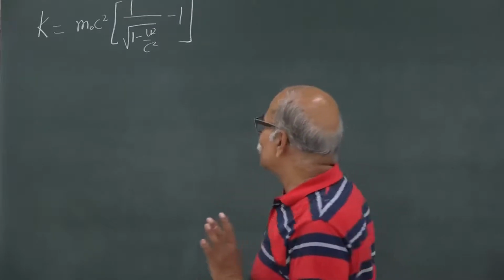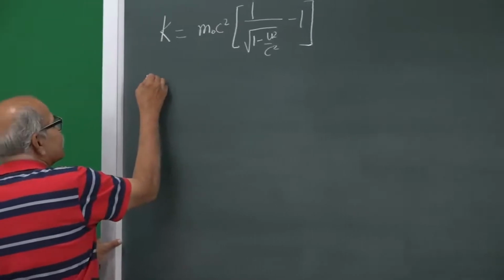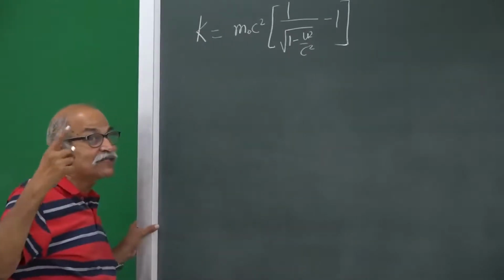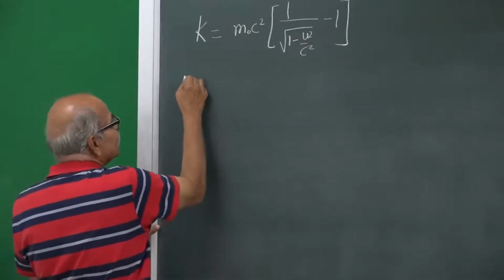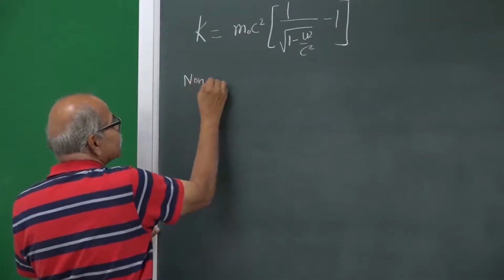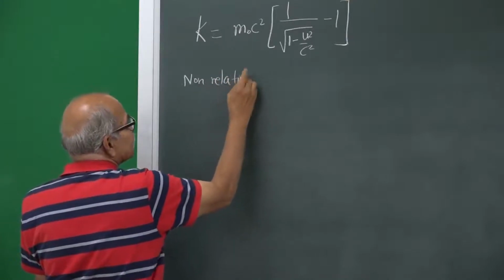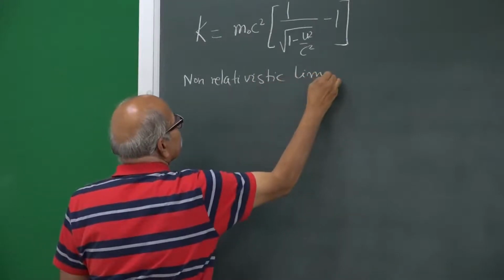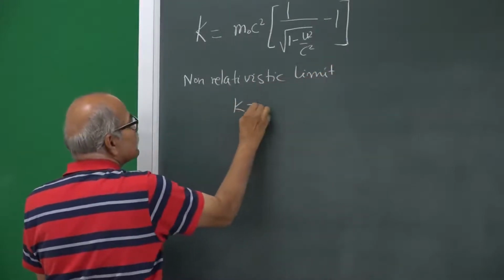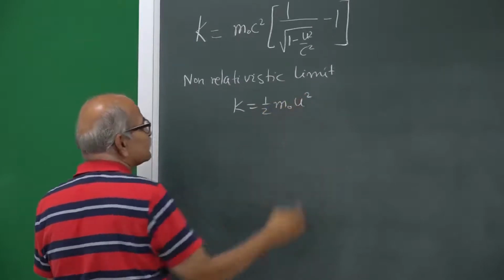Okay. So, be very clear about this, that your so called relativistic mass will not work here. In the non-relativistic limit, k is equal to half m naught v square.